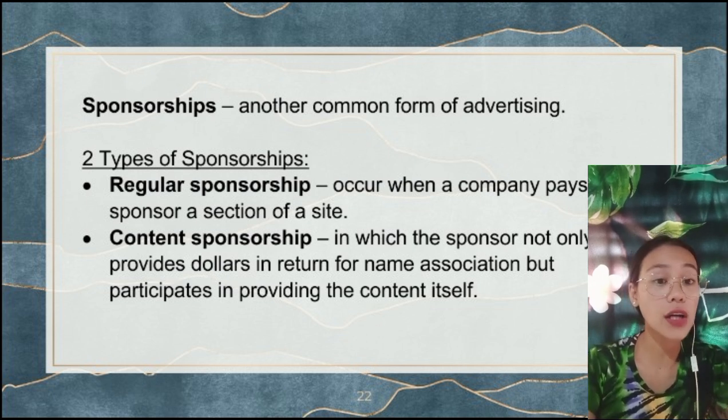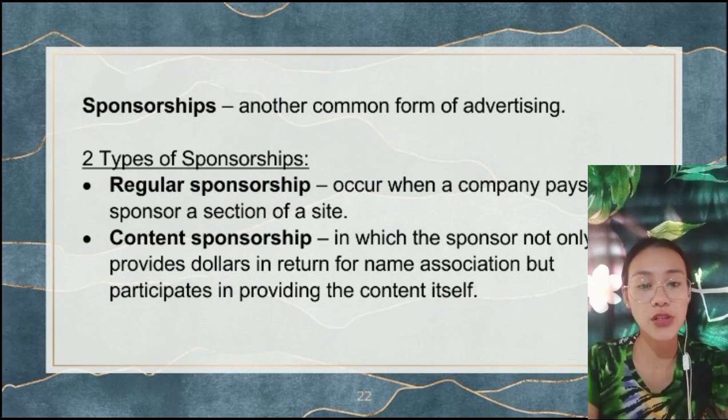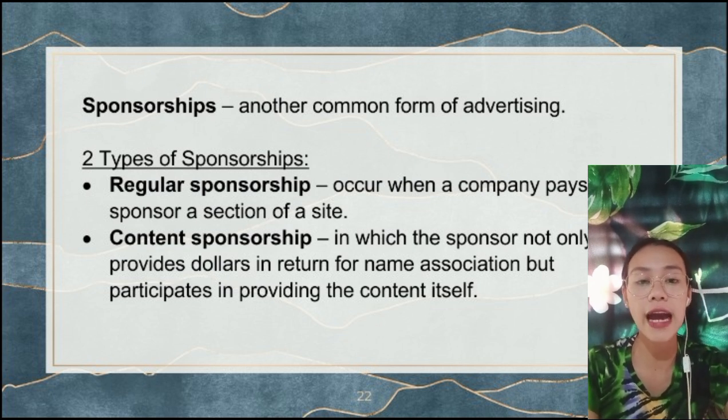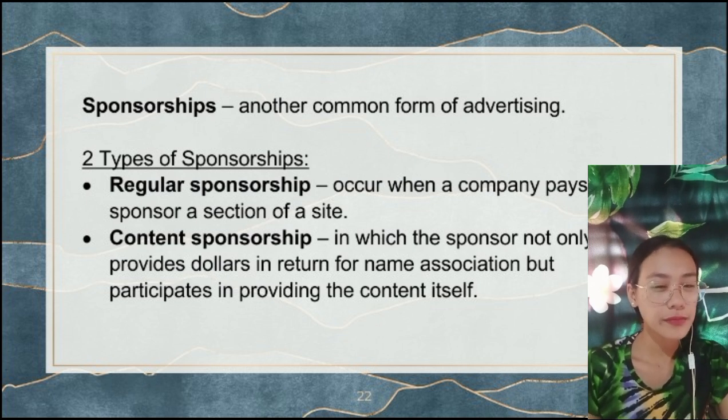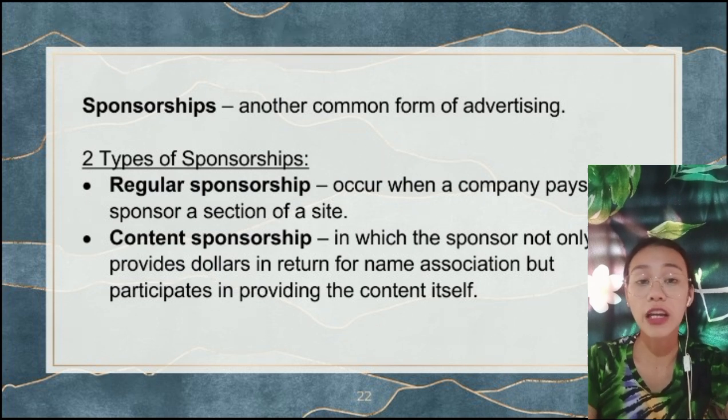Next one is the content sponsorship, in which the sponsor not only provides dollars in return for name association but participates in providing the content itself. So the site is responsible for providing content and having it approved by a sponsor, and the sponsor may contribute all or part of the content.